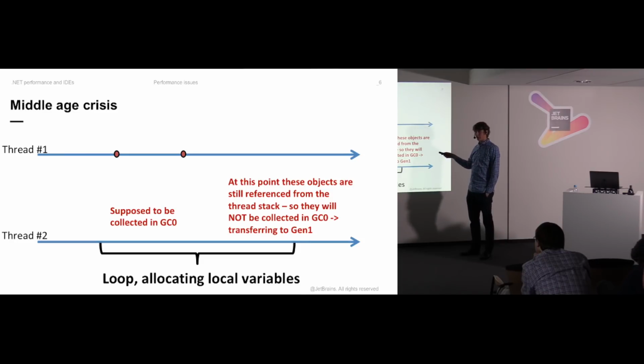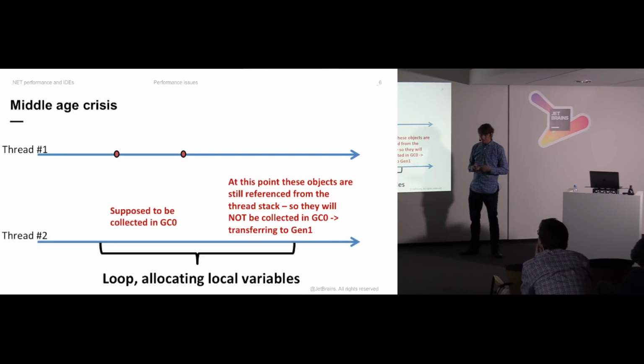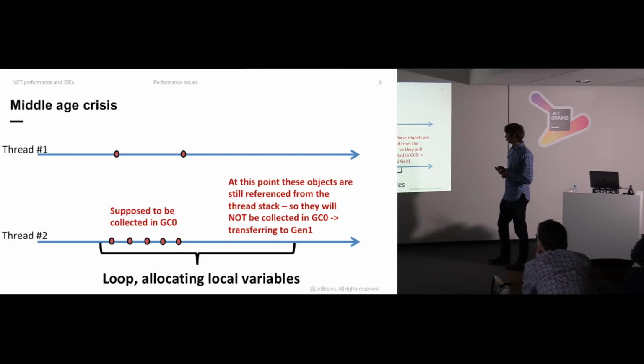Later the threshold for garbage collection to occur will be reached, for example 4 megabytes. Garbage collection 0 will be triggered, and it will collect all these local variables which are no longer needed, right? If you have another thread number 1, the following happens.